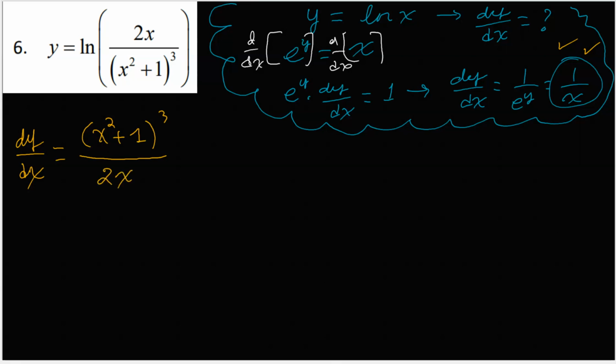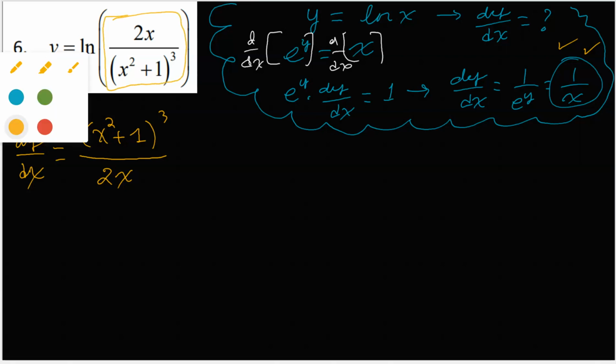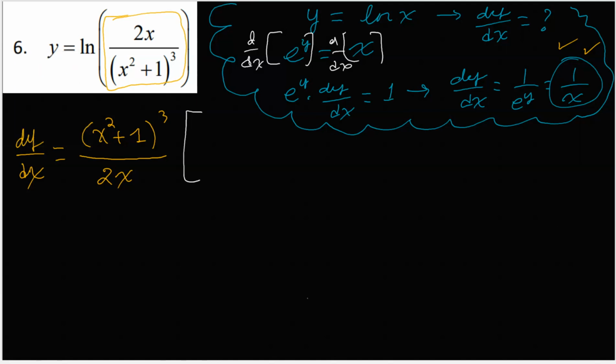But it is a composite function, so we have to multiply by the inside derivative, which is a quotient rule.